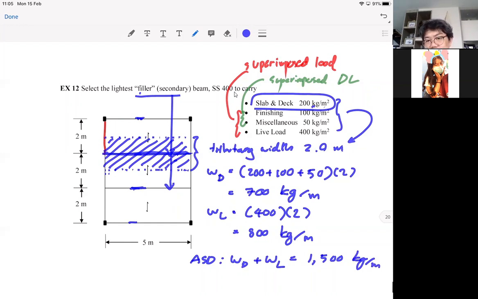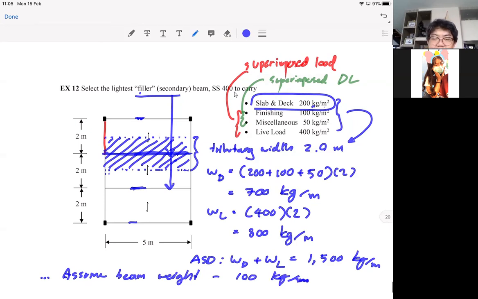Now, this is not a load summation for the column. So the next question would be, should I assume the load of the beam? Should I include the weight of the beam in my design? I say yes. And I have my very own magic number that I would assume for the beam weight, about, say, 100 kilogram per meter.